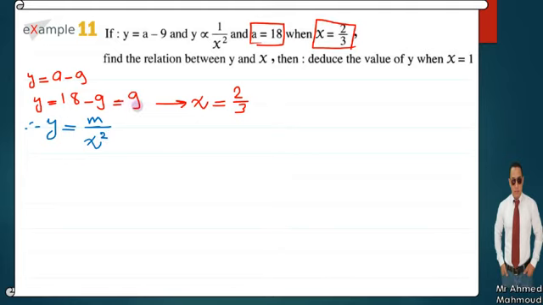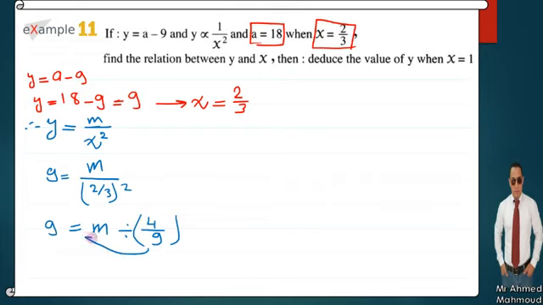By substituting x and y with 2 over 3 and 9, therefore 9 equals m over (2 over 3) all power of 2. Therefore 9 equals m divided by 4 over 9. I will send this one as a divide. Therefore m equals 9 divided by 4 over 9.